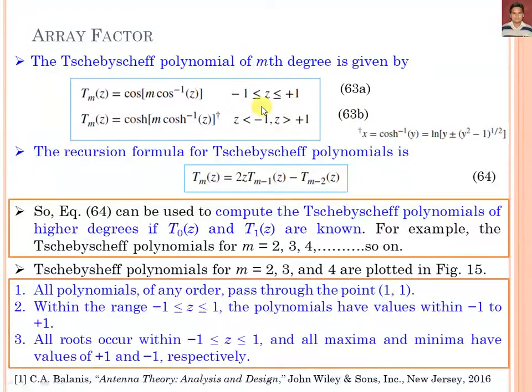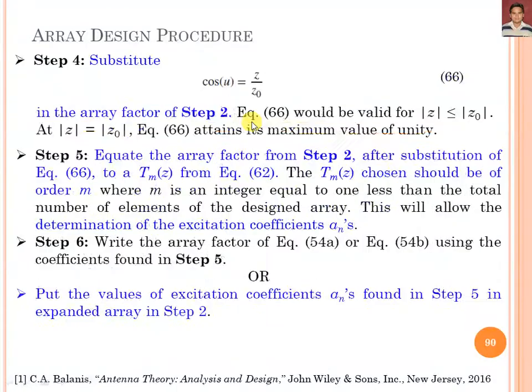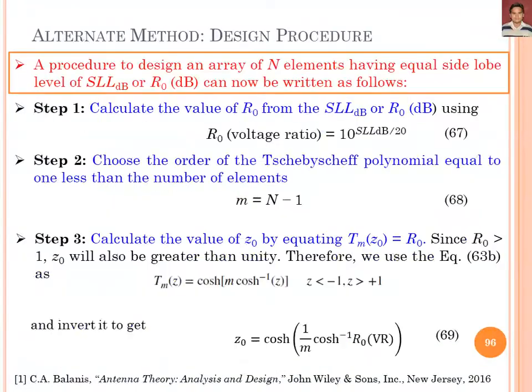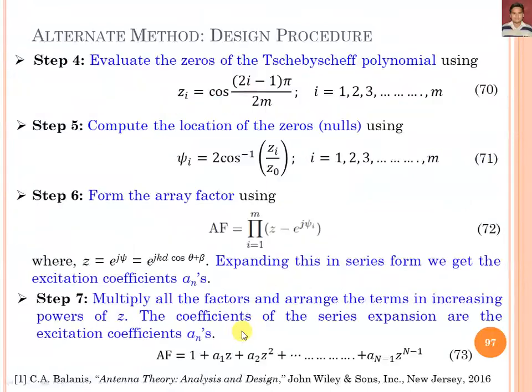This is greater than 1, so we are using this expression for Tm of Z. By using this expression, we can calculate the value of Z0, where Z0 is equal to cosh of 1 by m times cosh inverse of R0. VR here represents the voltage ratio, the absolute value we are putting. Then after that we can calculate the value of Z0.